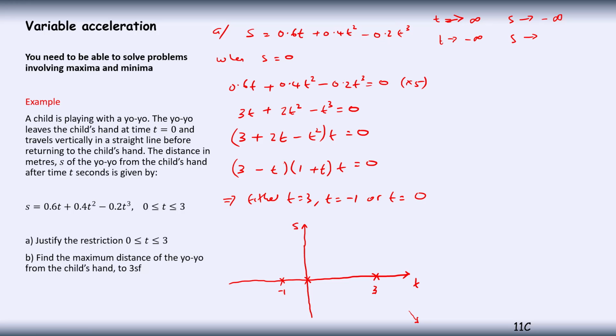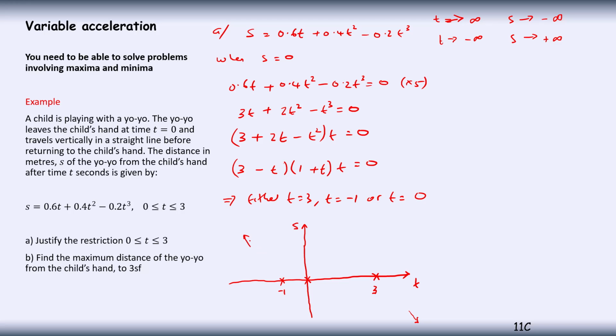But here we've got negative infinity cubed, which is what we're concerned with. It's negative infinity, but because we've got a negative here, it's going to be positive. So s will tend to positive infinity. So, as t tends to negative infinity that way, s is going to tend that way.